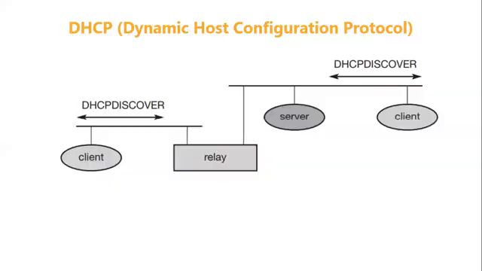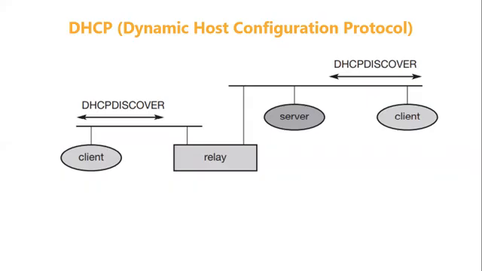Let us see this diagram. This diagram shows how DHCP works. DHCP is based on a client server model. Whenever a new client is joining some other network, the DHCP client will send a request to the server.